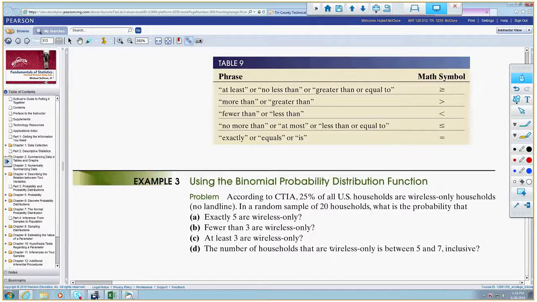Now be careful here because you can use your brain and find at least 3 without doing too much math. At least 3 means 3 or more. At least 3 is another way of saying 3 or more.